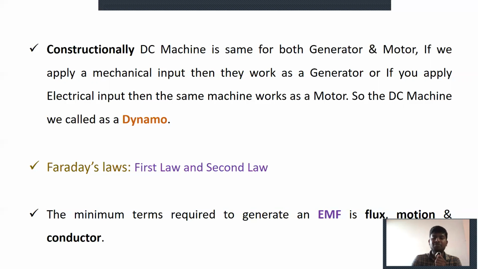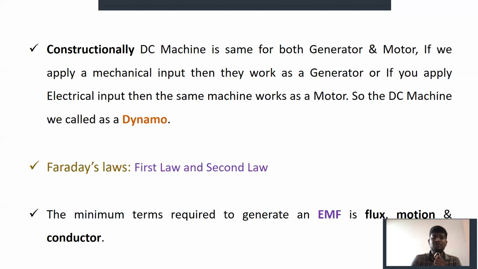That's why that machine acts as a motor. Suppose if we provide mechanical energy to the DC machine, that machine gives the output as electrical energy. At that time, the DC machine acts as a generator. So this simply acts as either generator or motor. That's why the DC machines are called dynamos.